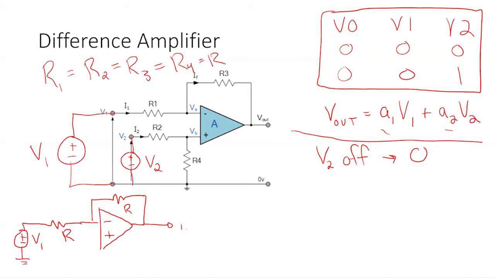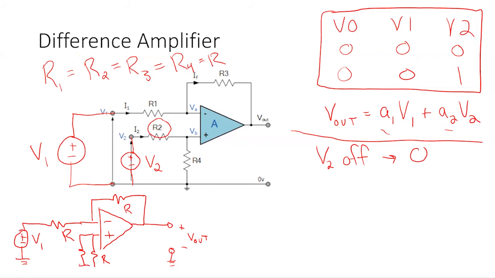Here's my V out. What's going on at the plus terminal? If V2 is off, V2 is a short circuit. So what does that mean about this resistor here, R2? It's in parallel with R4. Since they're all the same value, I've got R and R here, like that.